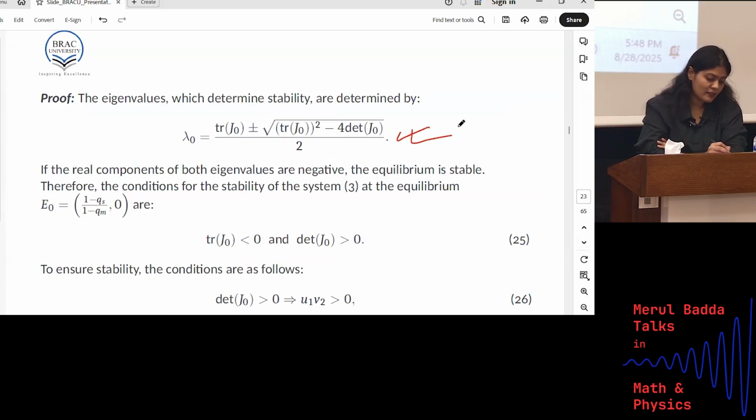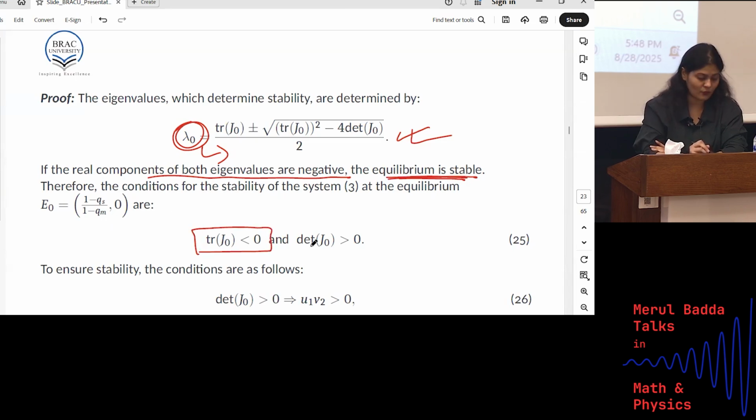So here this is the root of this equation, which is our eigenvalue. If the eigenvalues are negative, or if they are complex numbers with negative real part, then it is stable. So if it is stable, we can apply two conditions: the trace must be less than 0 and the determinant must be greater than 0.